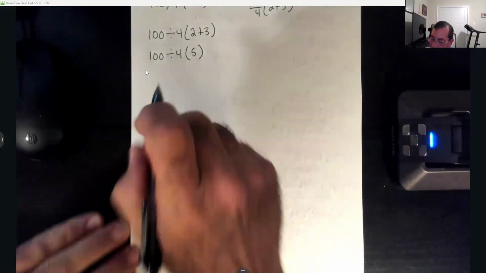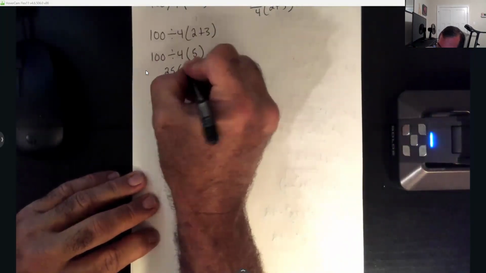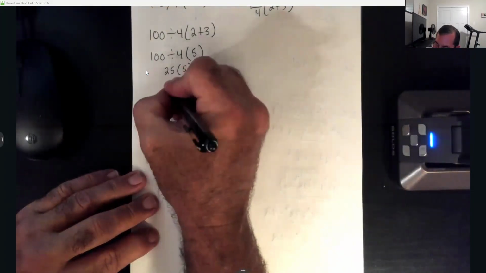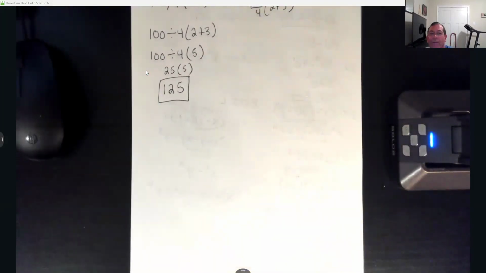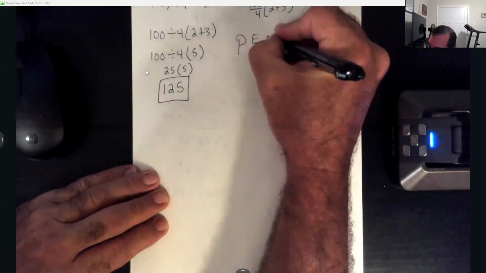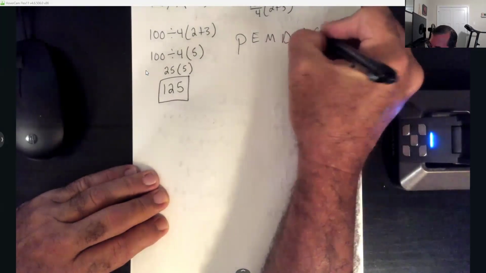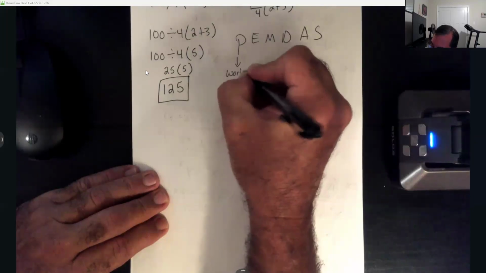All right, what's 100 divided by 4? Oh, y'all are all missing that. You know that, right? So 100 divided by 4 is 25. And then you got a 5 over here. So now 25 times 5 is 125. Remember, PEMDAS. P means can it work inside parentheses?